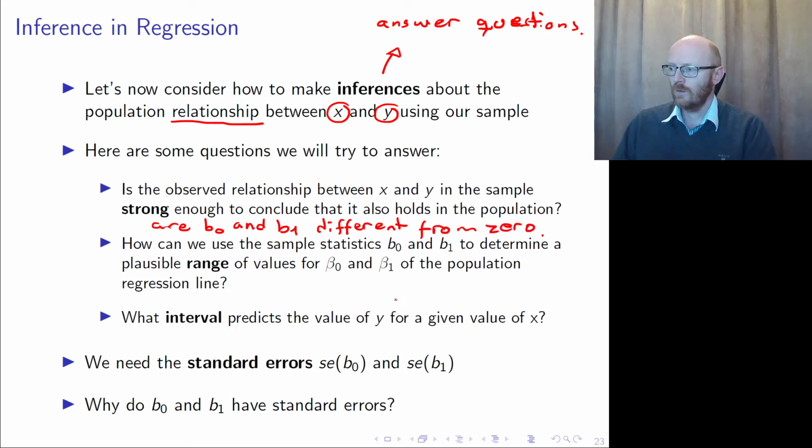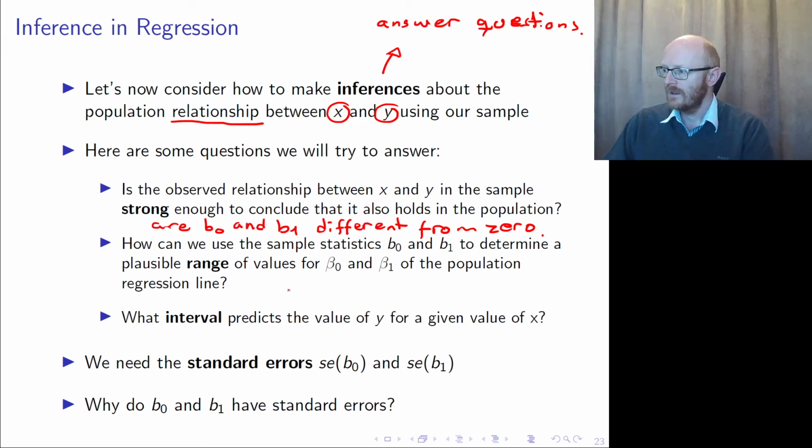For example, we have discussed that if the slope is not different from 0, then you might as well use the average of y to predict y. And how can we use the sample statistics b0 and b1 to determine a plausible range of values for the intercept and slope of the population?